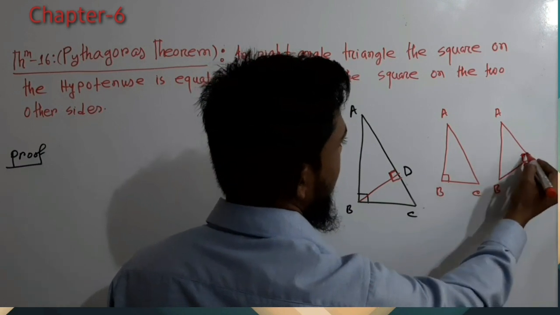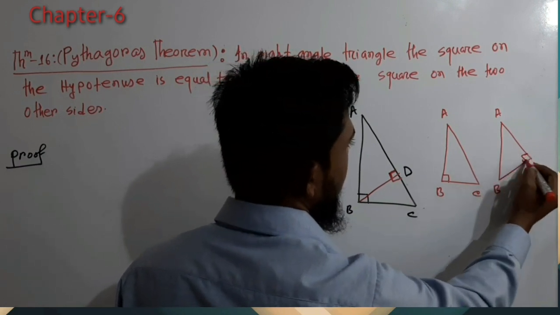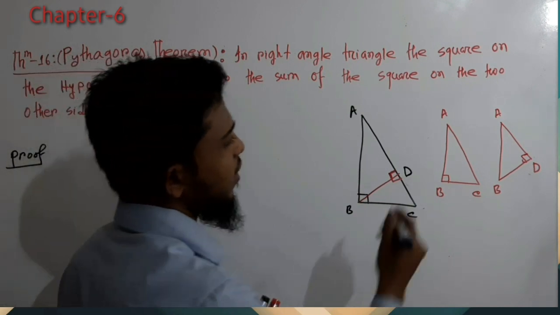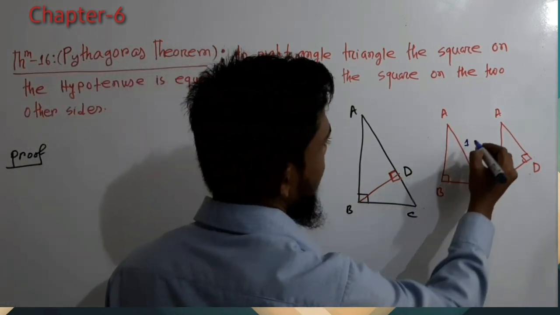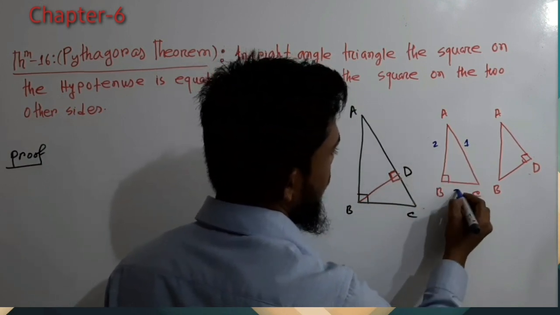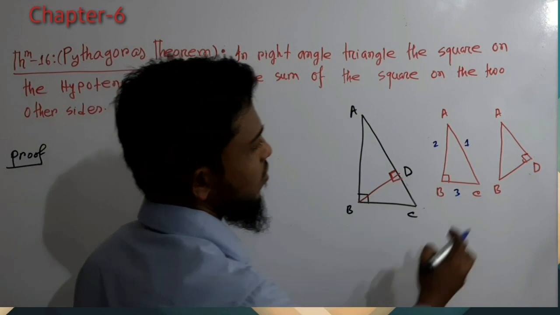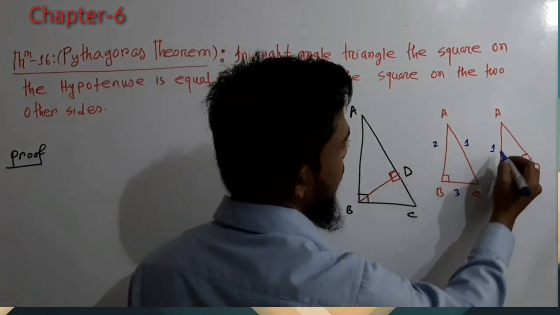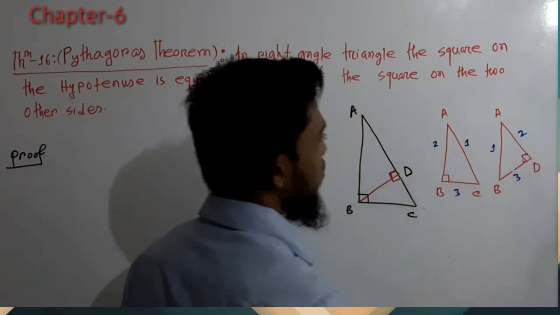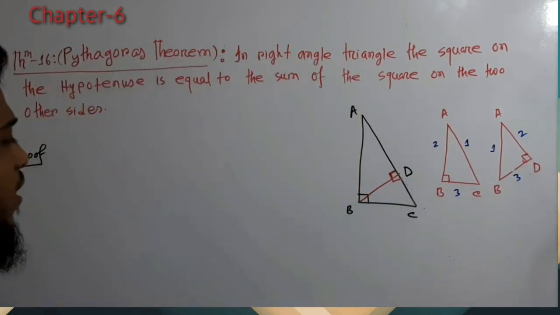Taking the largest side as 1, another side as 2 and the third side as 3 in both triangles.